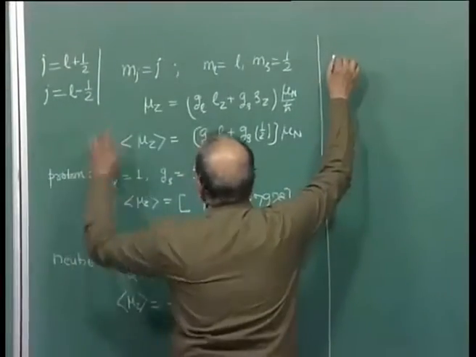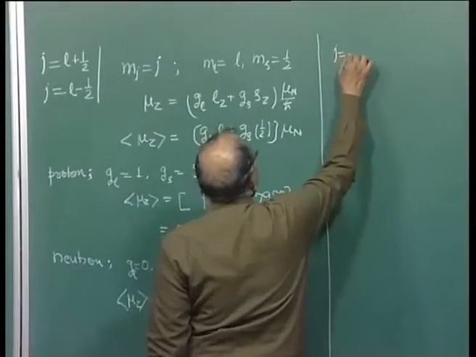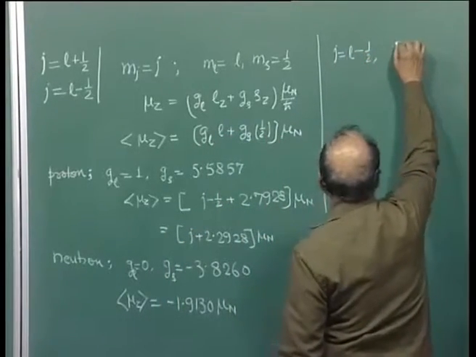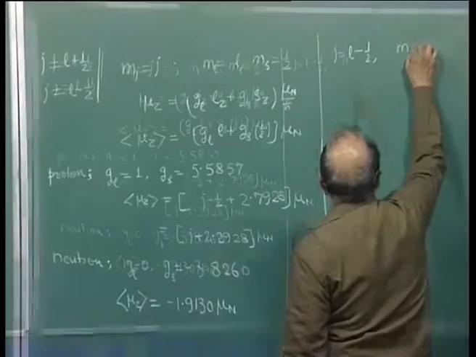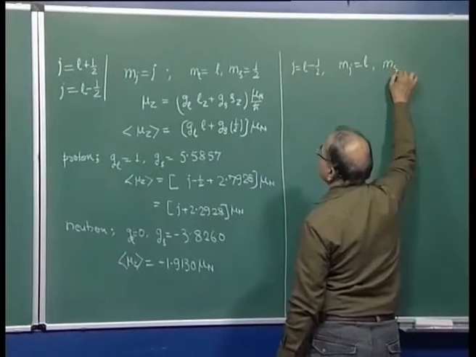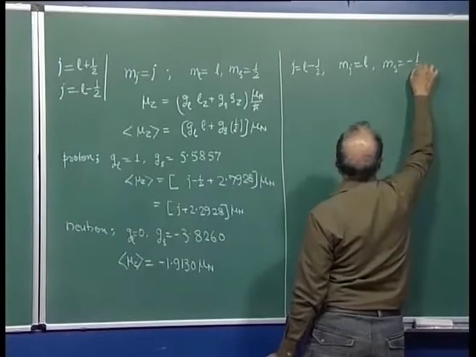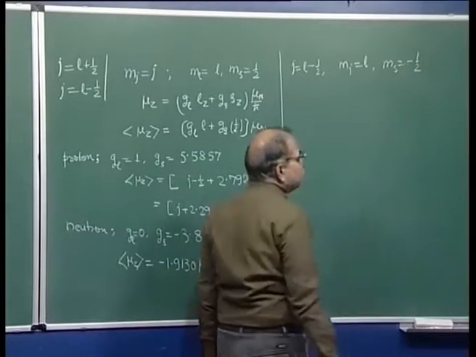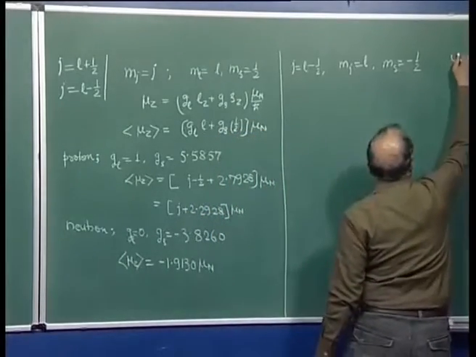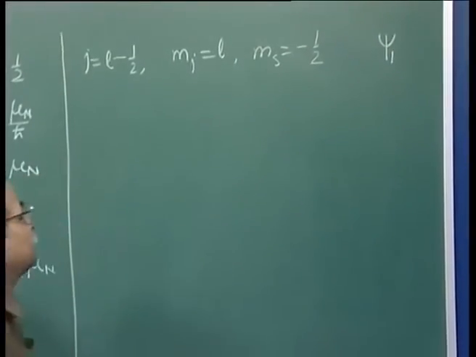where J is L minus half. If J is L minus half, then we said that you can have two possibilities. Mj is equal to half, with ml equal to L and Ms equal to minus half, this was one, and the wave function corresponding to this we call psi 1. Please check, did we call this psi 1?